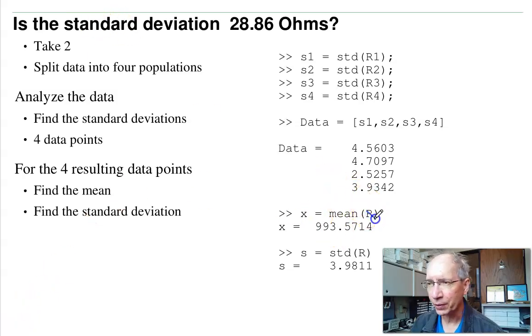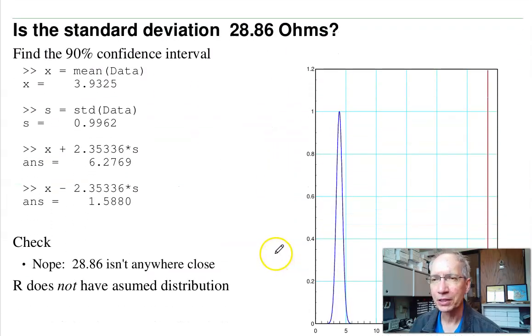It actually didn't do that correctly. I want to find the mean of the data and the standard deviation of the data. It's correct on this slide. So there's the mean of the data. Here's the standard deviation of the data. Is the standard deviation actually 28.86? From here, I can find out what the standard deviation is.